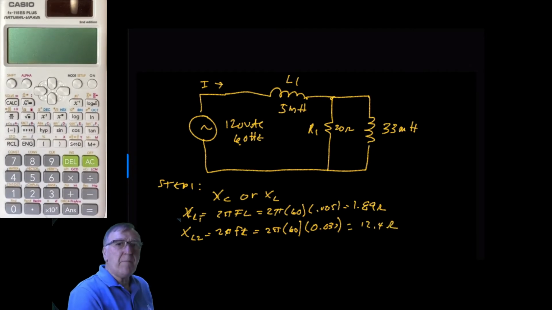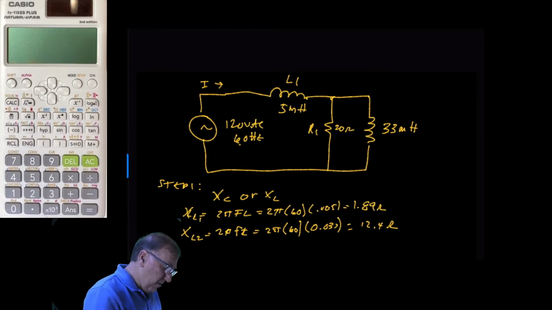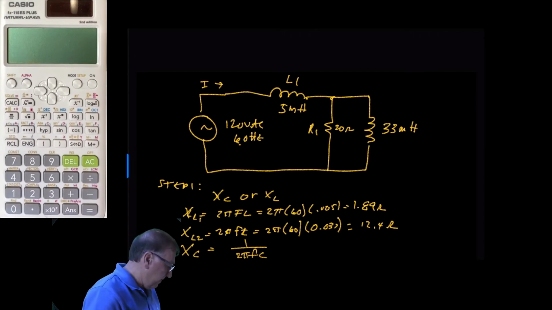And remember, reactance is only a magnitude. It has no direction to it. It's not a vector. If this were a capacitor, the capacitor reactance would be 1 over 2 pi F C.